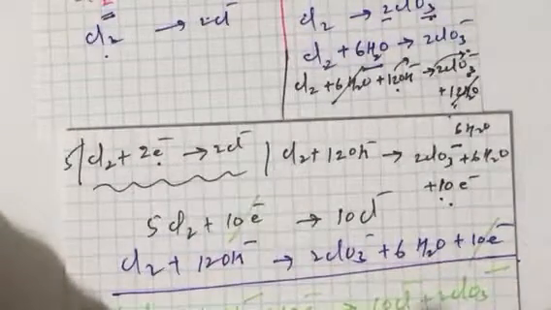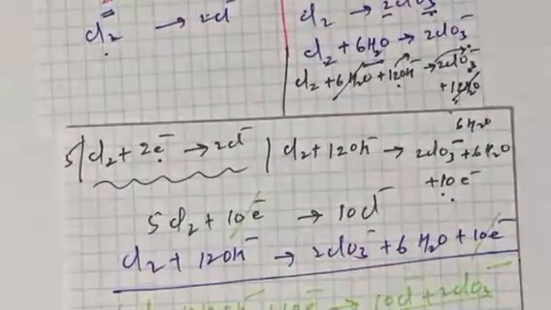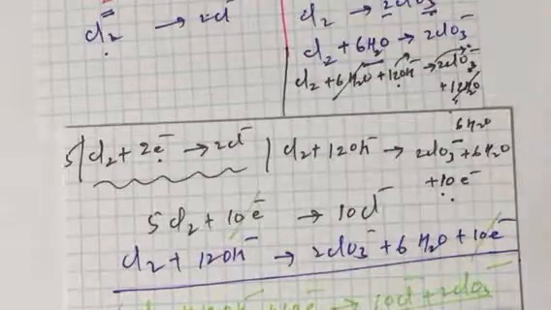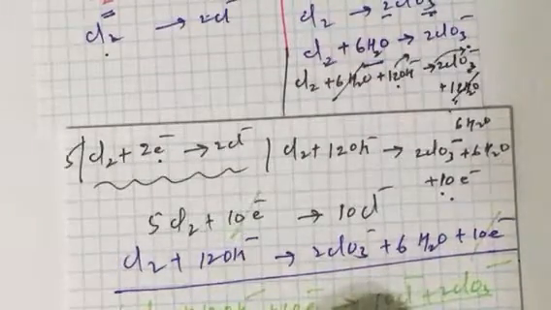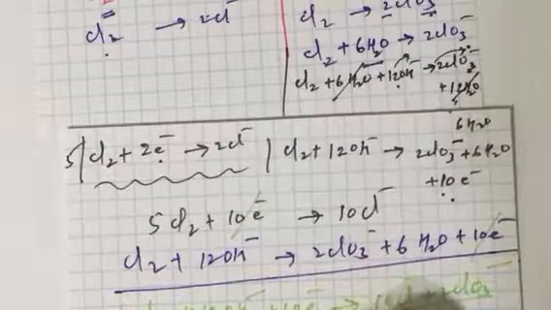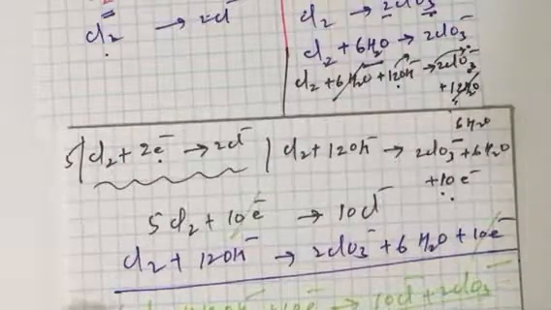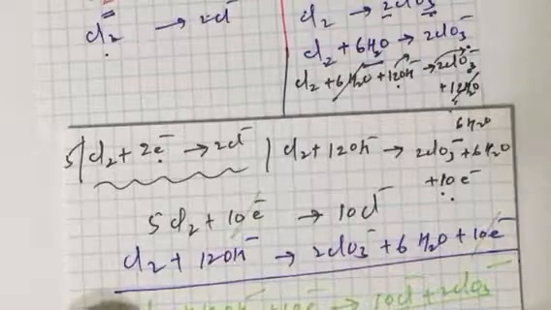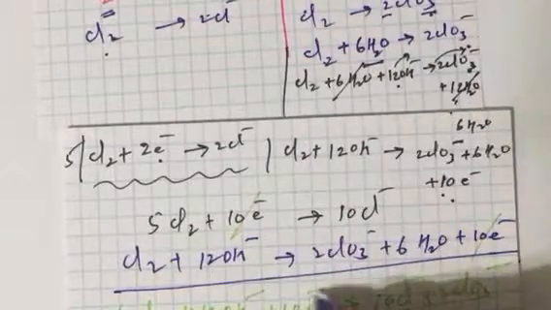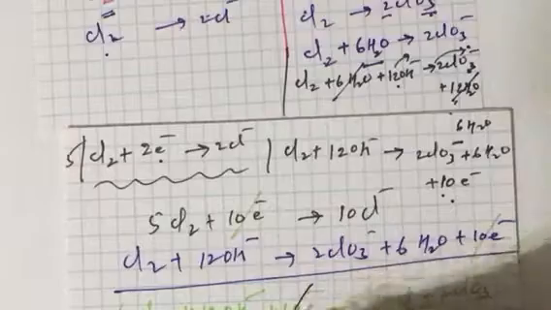The entire equation can be happily divided by 2. So that I get finally 3 Cl2 plus 6 OH minus plus 5 electrons gives... No, electrons are getting cancelled. I am sorry, by mistake I wrote.